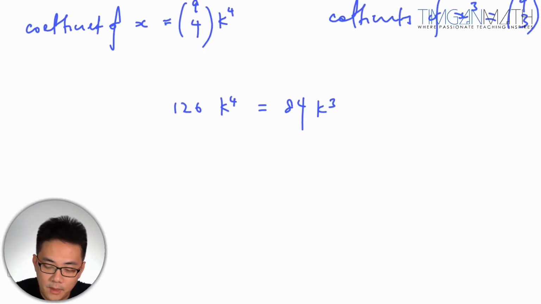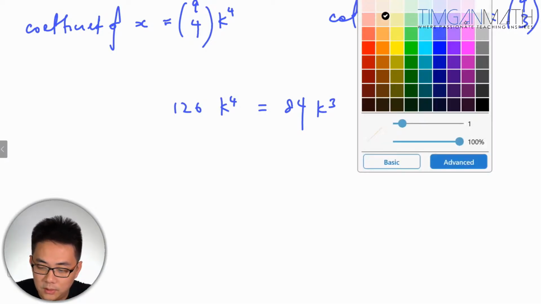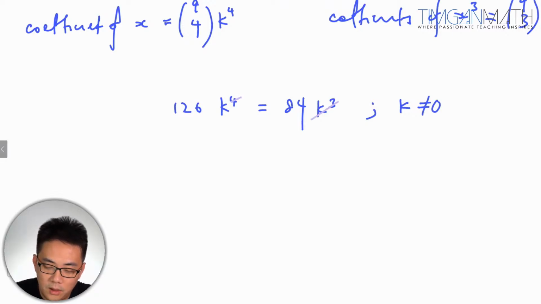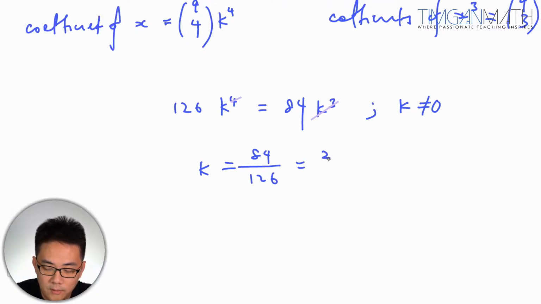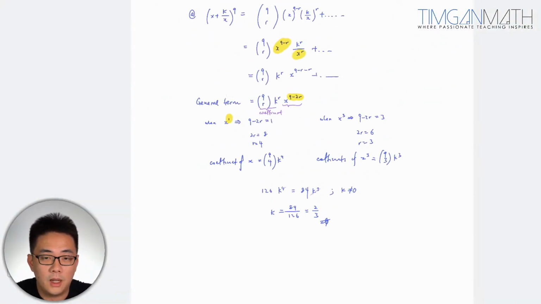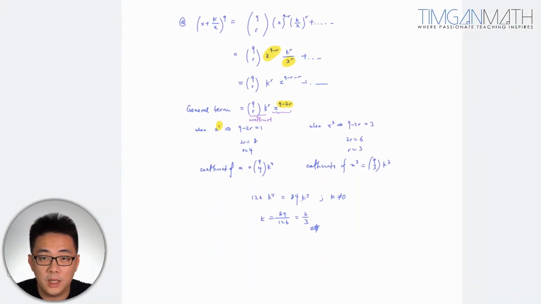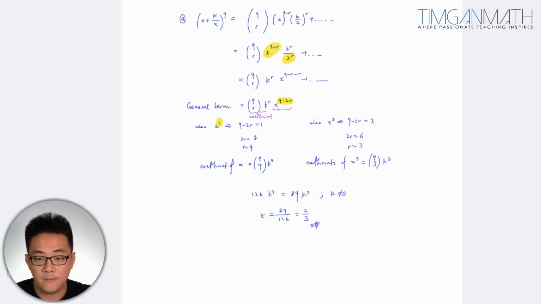So once this is done, since k is not equal to 0, you can cancel it. Just be mindful of this, because you don't want to cancel it unnecessarily. So k equals to 84 over 126, which gives us 2 over 3. So the value of k is 2 over 3.